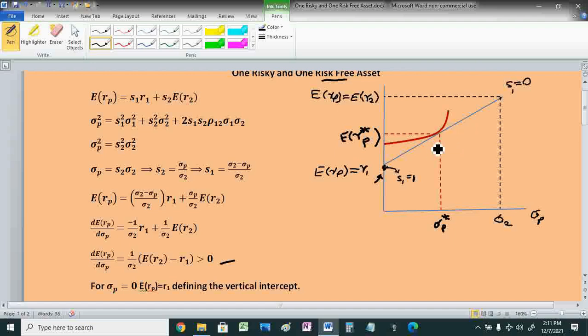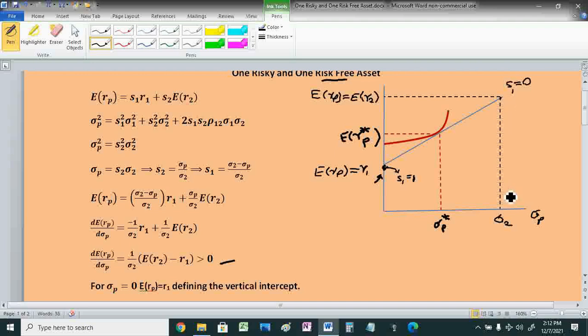It seems as if the conditions do not change a lot when we move from the case where there are two risky securities to the case where there is one risky and one risk-free asset. The only thing that happens is that this portfolio possibility frontier is a positively sloped straight line, and it will be lying between this intercept and S1 equal to 0.